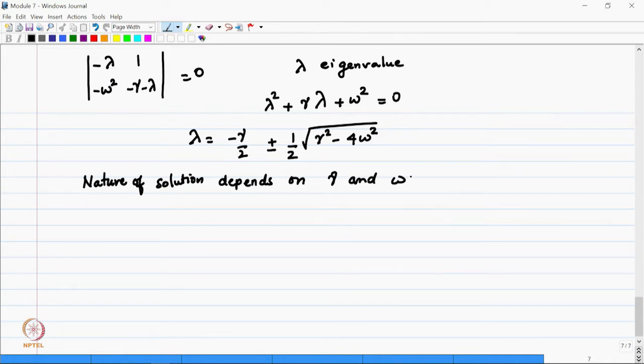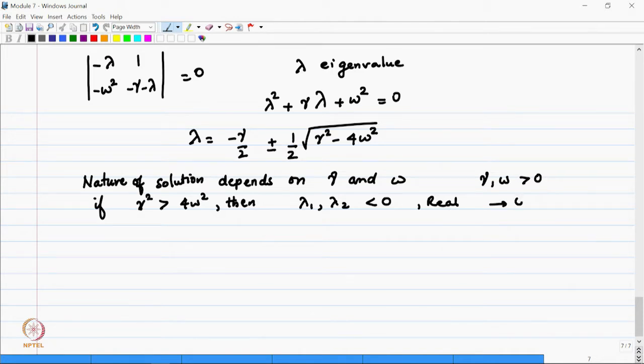Gamma and omega are both greater than 0, and we saw that if gamma square is greater than 4 omega square, then both lambda 1 and lambda 2 are real and less than 0.